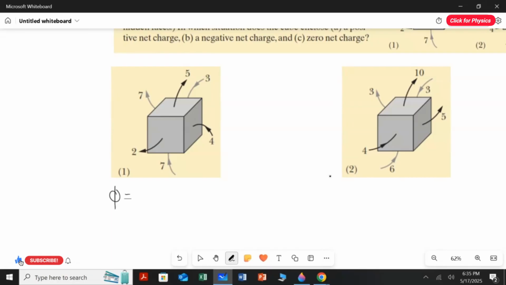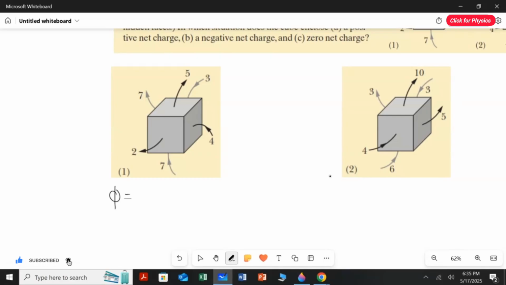First of all, I'm going to give importance to the positive value of the lines. Here you can see 2 is coming outside, 5 is coming outside, and this 7 is a hidden phase, but this arrow is also coming outside.